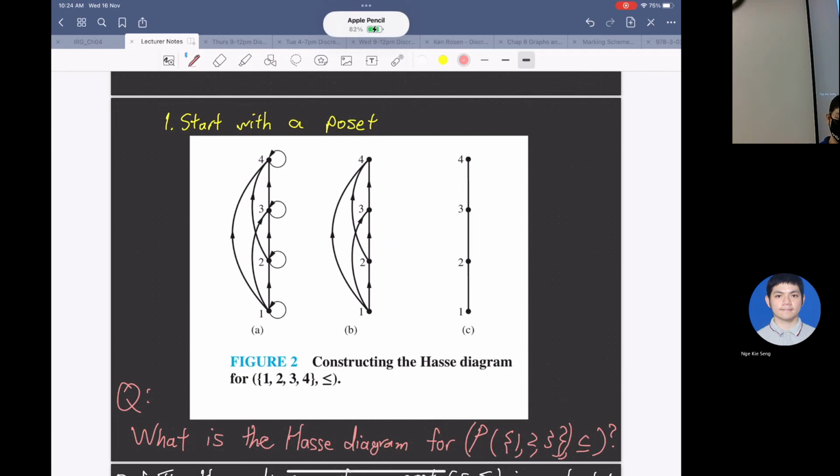Try and draw out the Hasse diagram, and then I will call people to show the diagram.